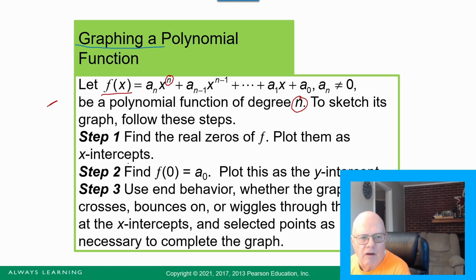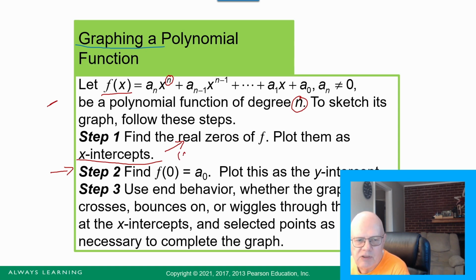Step 1, find the x-intercepts, also known as the real zeros. Another way of putting that is, set the function equal to 0 and see what x's make that true. Step 2, find f of 0. In other words, you're finding the y-intercept.